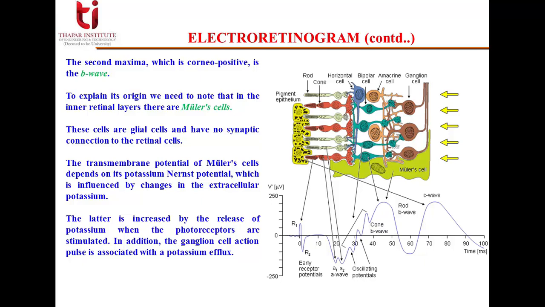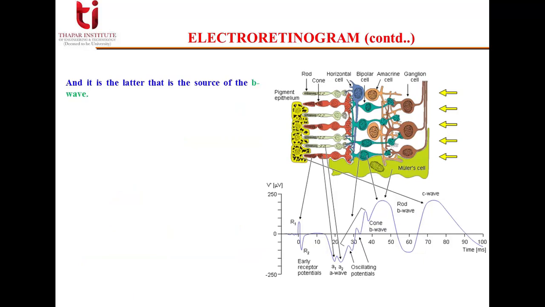In addition, the ganglion cell action pulse is also associated with the potassium efflux. The consequence of these events is to bring about a Muller cell response, and this is the basic source of the B wave. Muller cells can contribute to the B wave both from cone or rod, so it will be the cone B wave or the rod B wave.